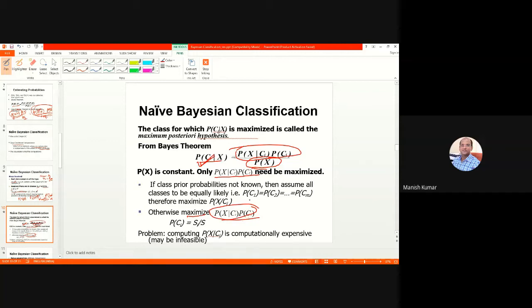Suppose your class probabilities are the same. The moment class probabilities are the same, that term goes off, and only maximizing the other part will give you the result.